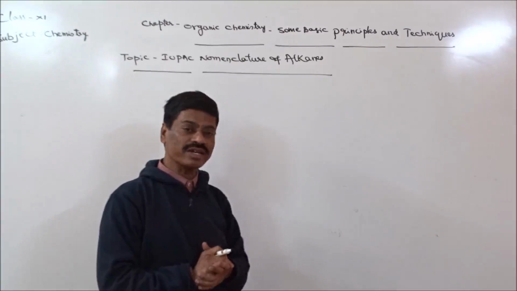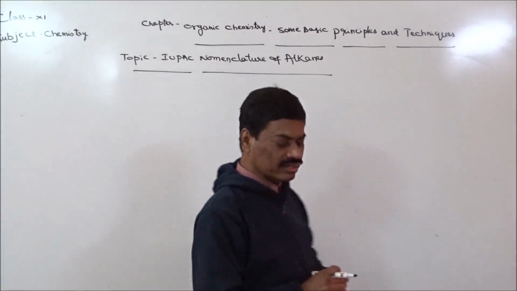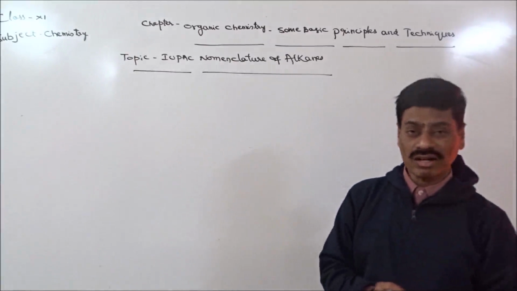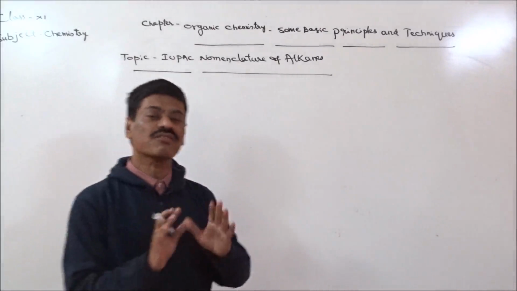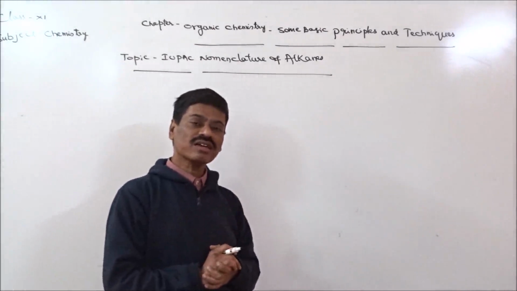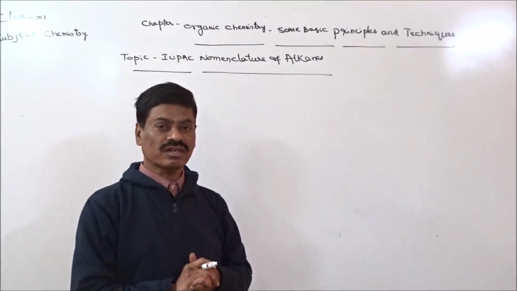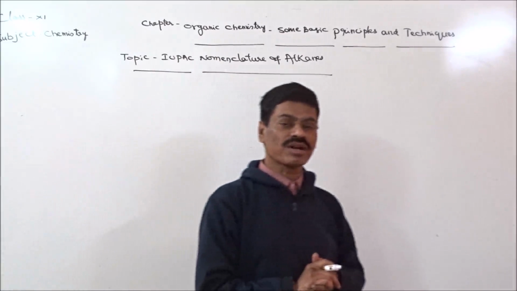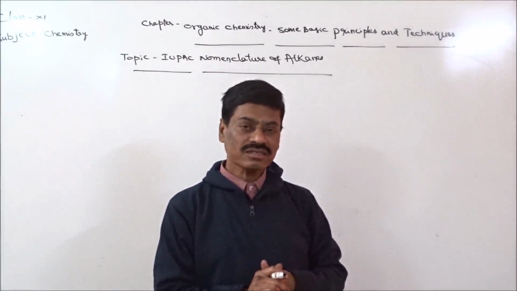Alkanes are saturated hydrocarbons whose composition is according to the general molecular formula, that is CnH2n+2. N stands for number of carbon atoms, 2n+2 stands for number of hydrogen atoms.